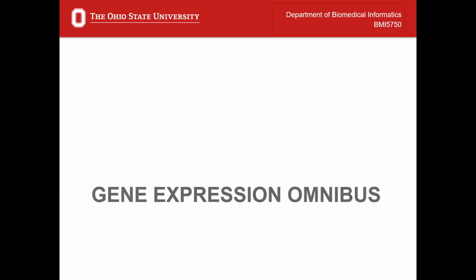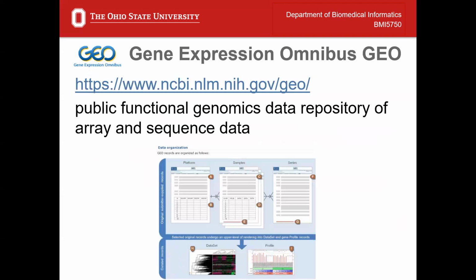The second database that I'm going to present today is the Gene Expression Omnibus, also called GEO. So this is a public genomics data repository of all types of array and sequencing data.